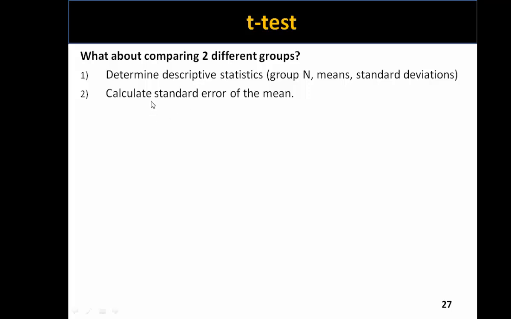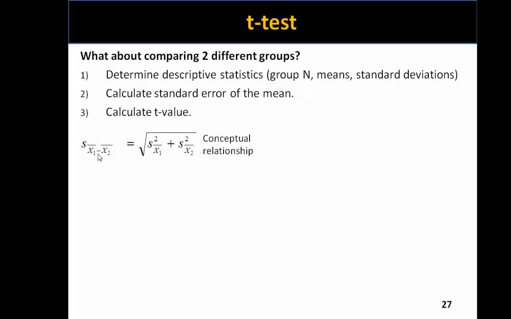The first step is to calculate the standard error of the mean, and to do that we will need the sample size and the standard deviation. Once we've completed that step, we can then move on to calculating our t-value.